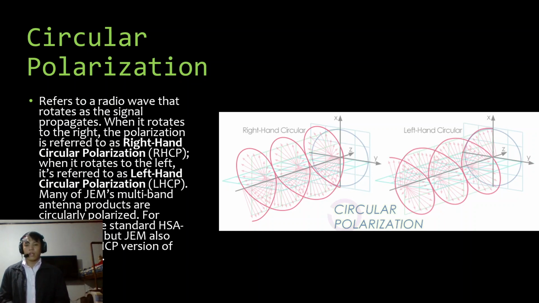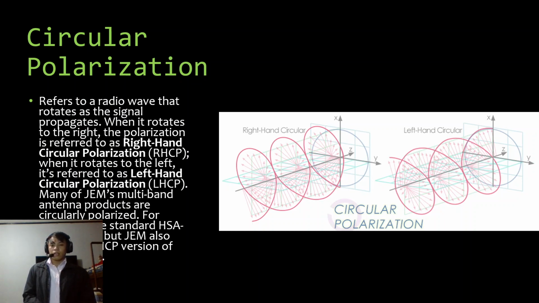When it rotates to the left, it is referred to as left-handed circular polarization. Many of GAM's multiband antenna products are circularly polarized. For example, the standard HSA 218 is right-hand circular polarization.